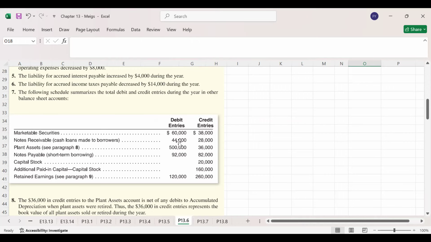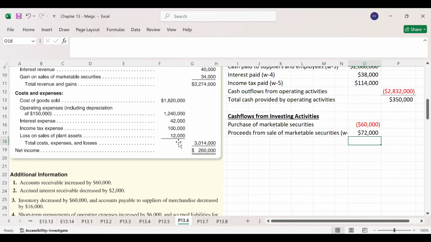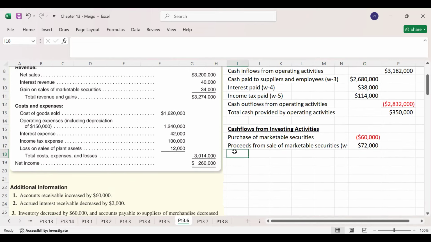So for notes receivable, we have loans made to borrowers. Total loans made to borrowers are 44,000, as we have just discussed.